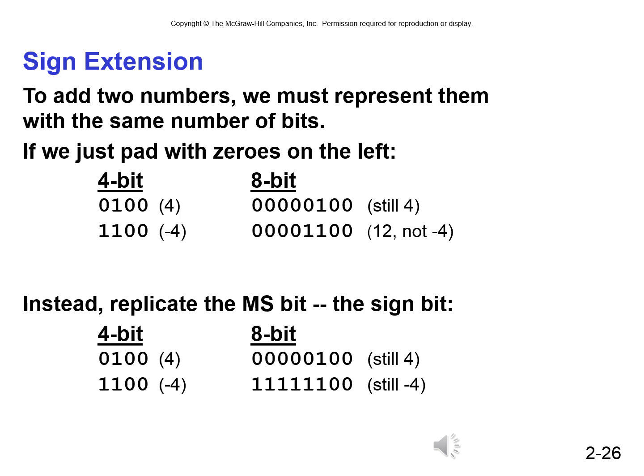But 1, 1, 0, 0, which is negative 4, does not come out as negative 4. It comes out as 12. So instead, what you do when you sign extend a 2's complement signed value is you replicate the most significant bit, which is the sign bit.